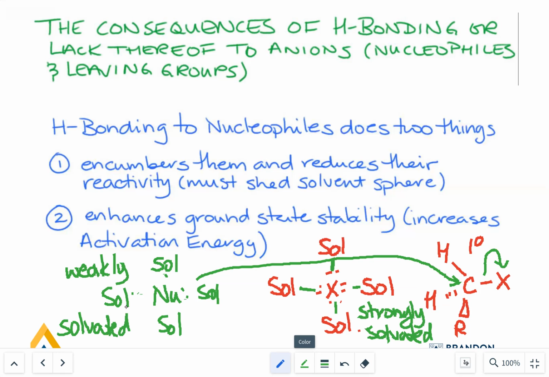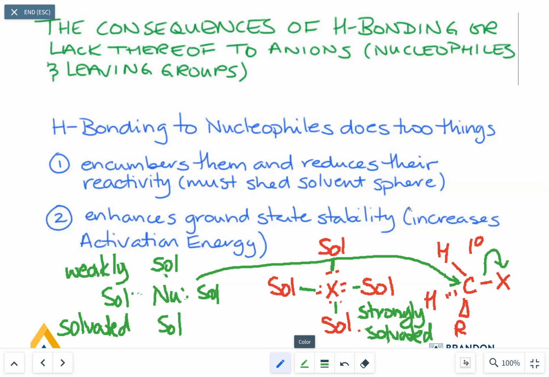Okay, so if you've got a bunch of solvent molecules stuck around you, is it going to be easier or harder for you to attack an alkyl halide? Right, it's going to be harder.